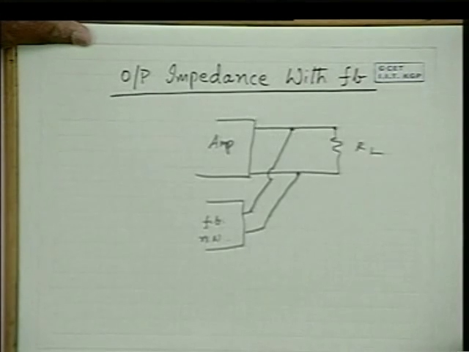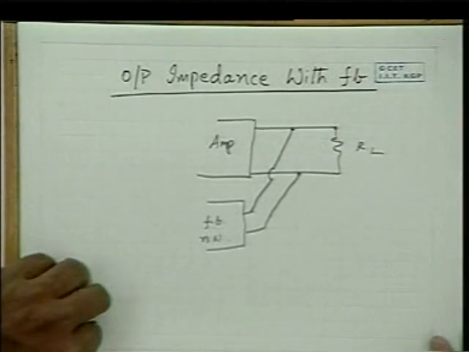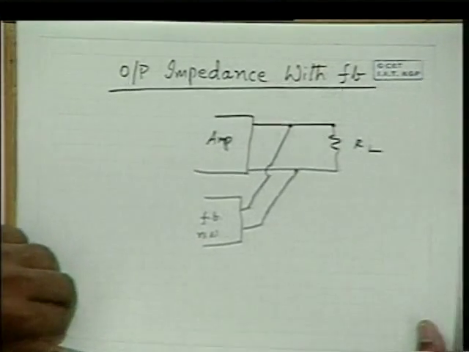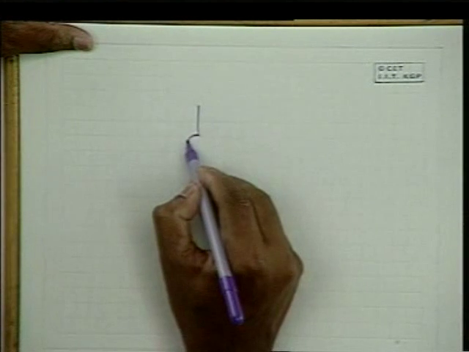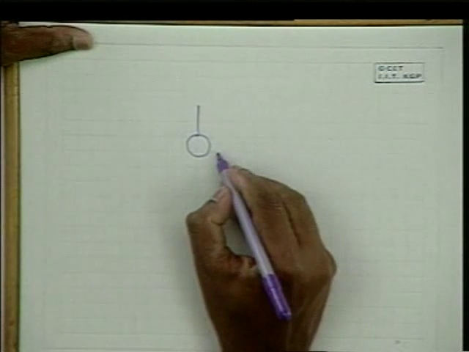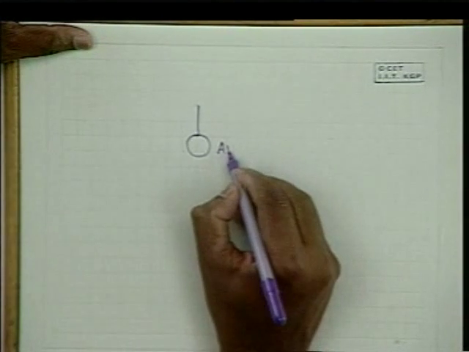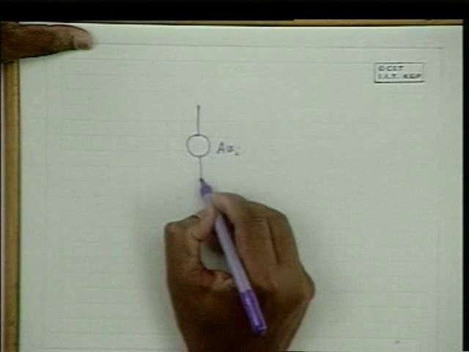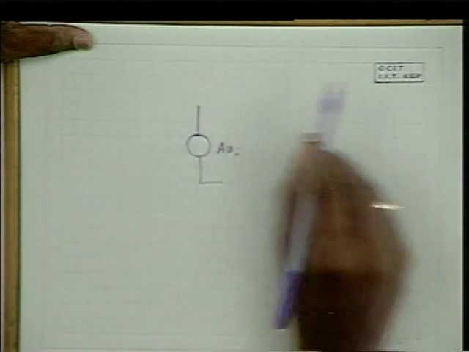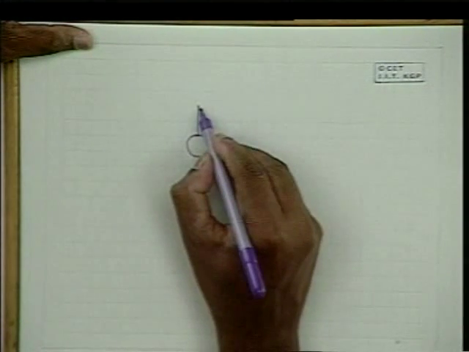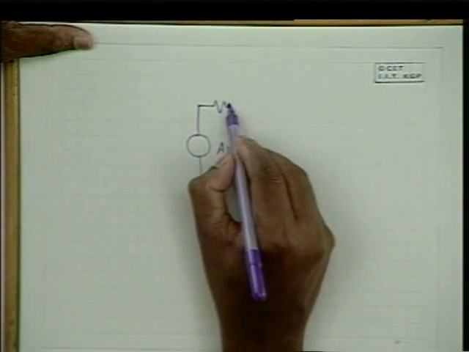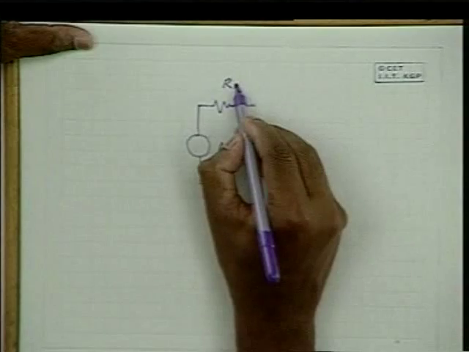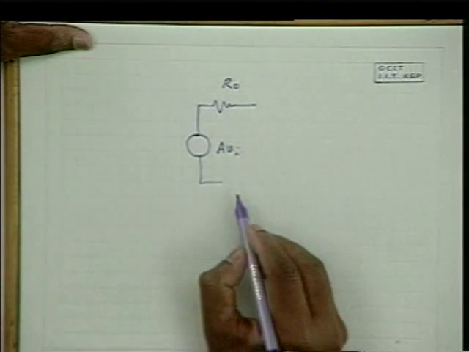Now look at the output circuit. In the case of shunt feedback, if you examine the output circuit, you find that there is a voltage source, A times Vi, because the output signal is a voltage signal, and there is R naught, the output impedance of the amplifier without feedback.